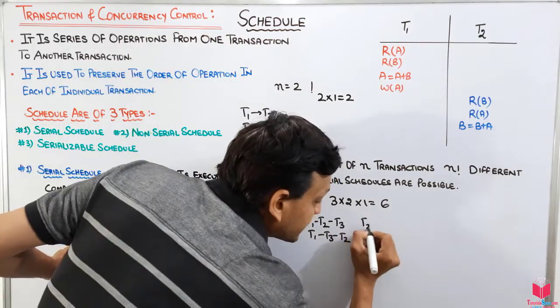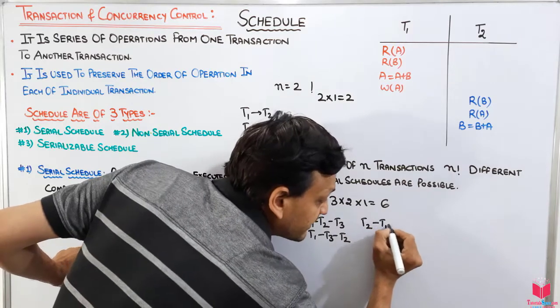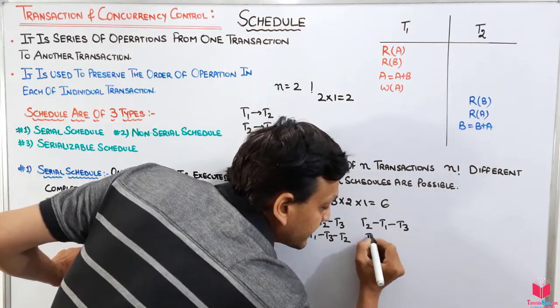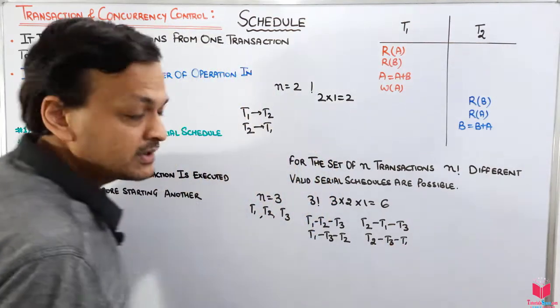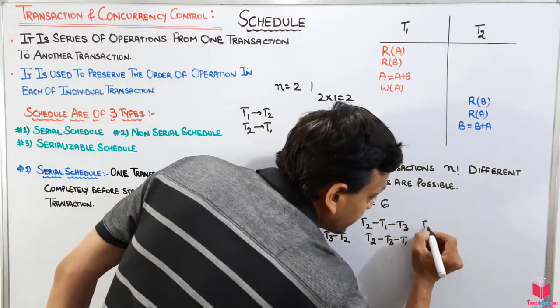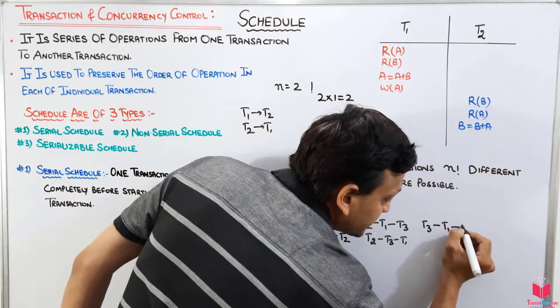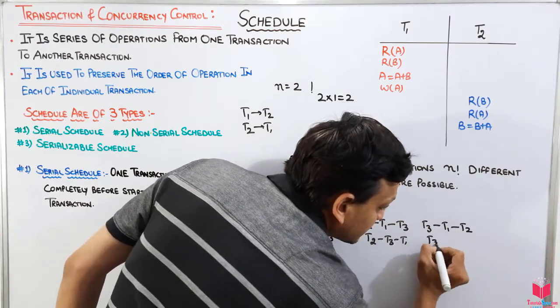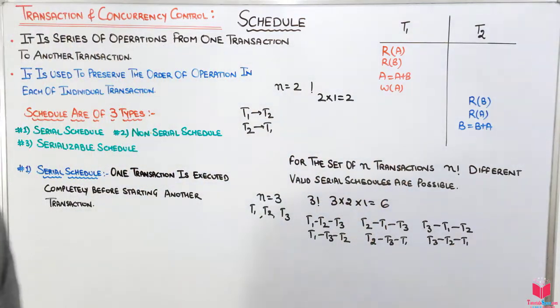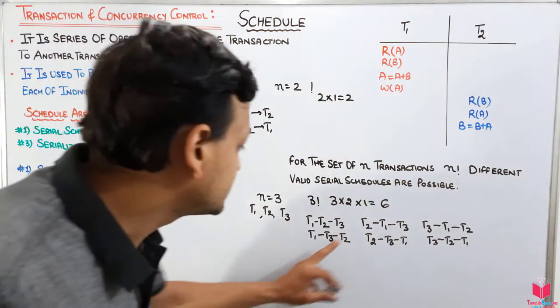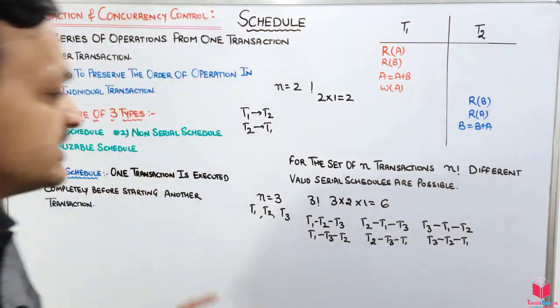Now I can arrange T2 first, then T1, T3, then T2, T3, T1. In another way, T3, T1, T2, and T3, T2, T1. This is the possible way. So the total is 6, and I can arrange them in 6 ways.